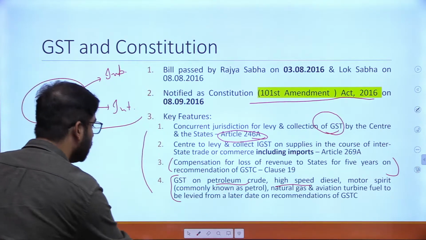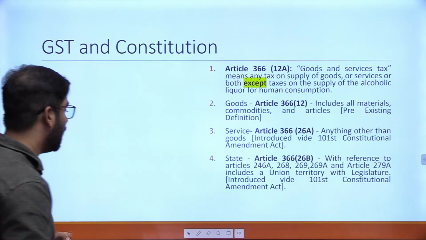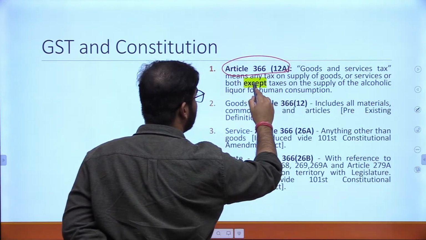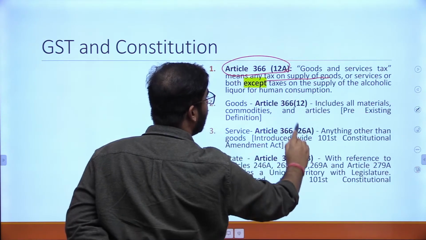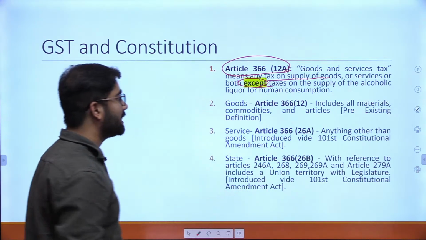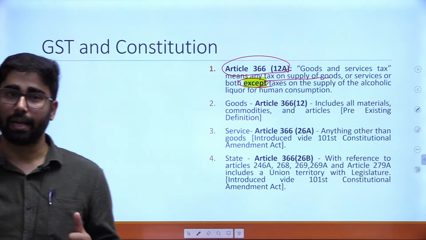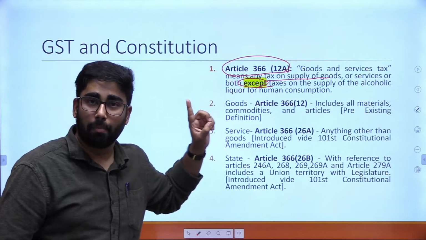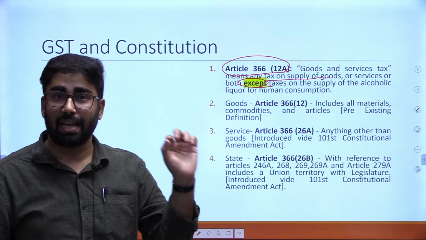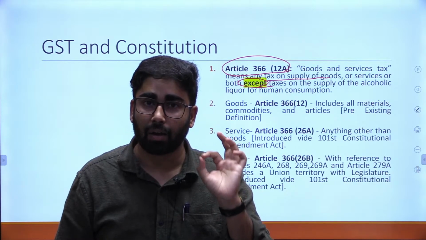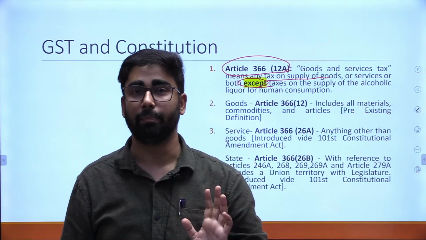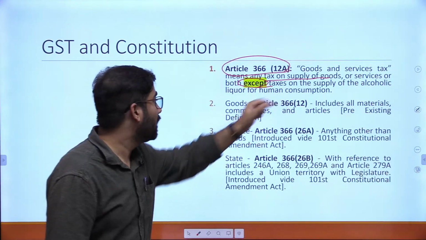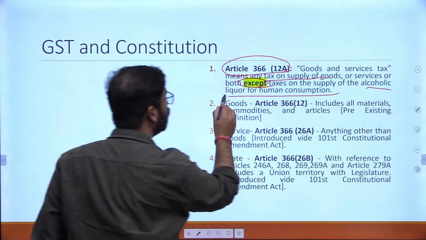And what are the different articles? 366(12A) defines Goods and Services Tax as any tax on supply of goods or services or both, except taxes on the supply of alcoholic liquor for human consumption. It is very important to remember this because this exemption is provided in the Constitution Amendment only. This exemption is provided in the Constitution: alcohol or liquor for human consumption.